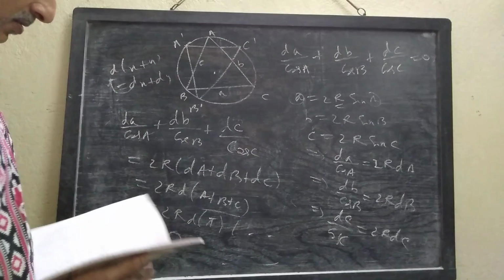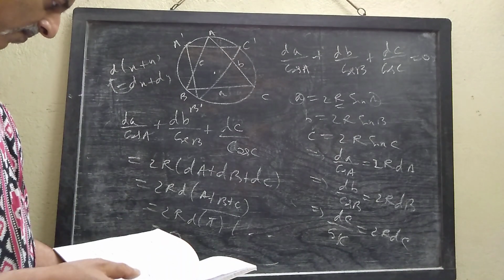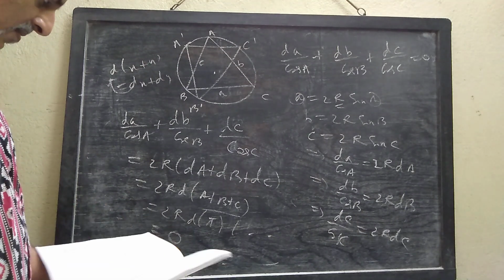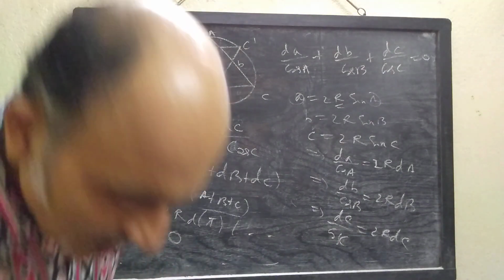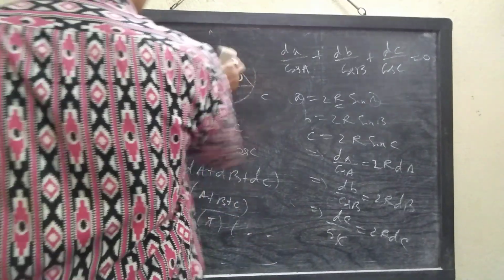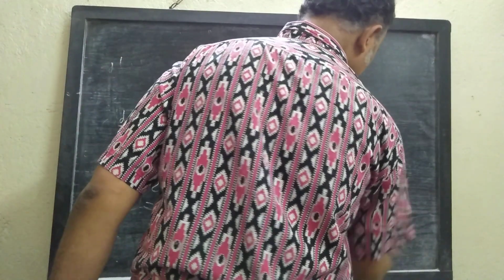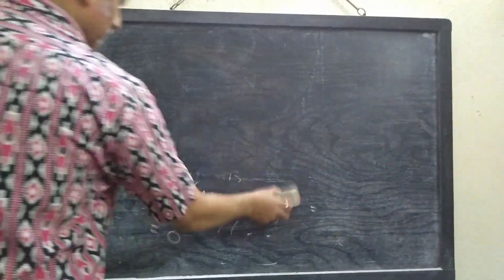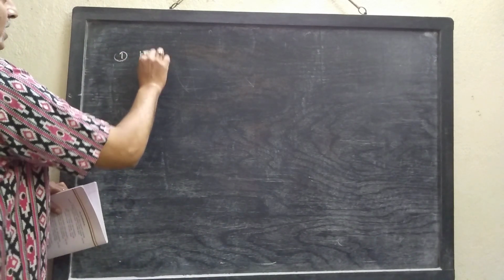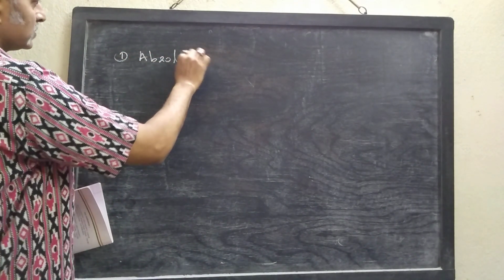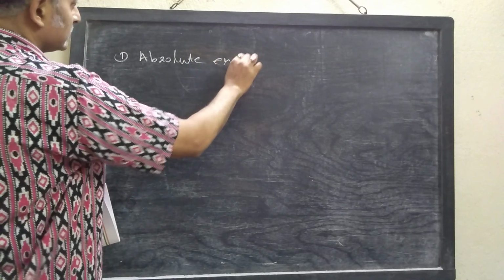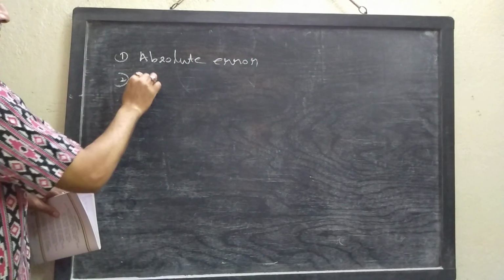Next, let us go to the topics in this chapter: absolute error, relative error, and percentage error. Number 1, absolute error. Number 2, relative error.